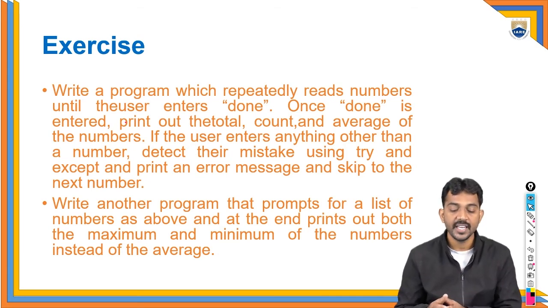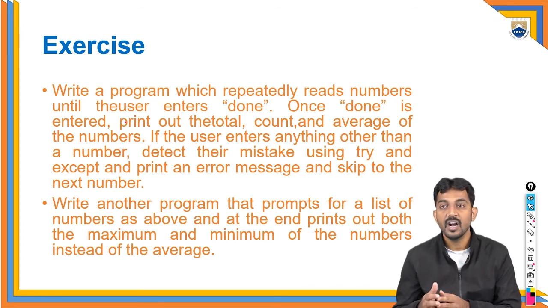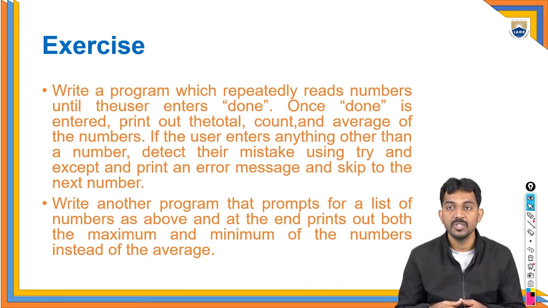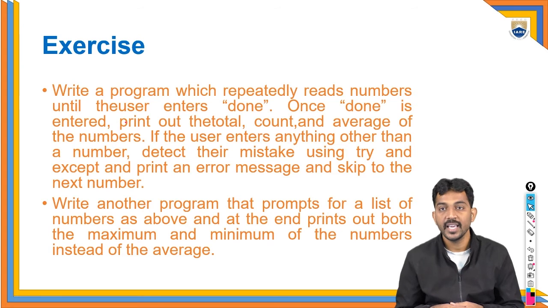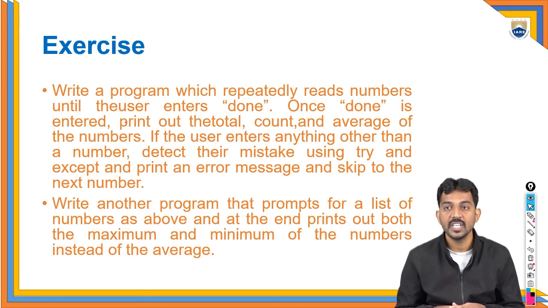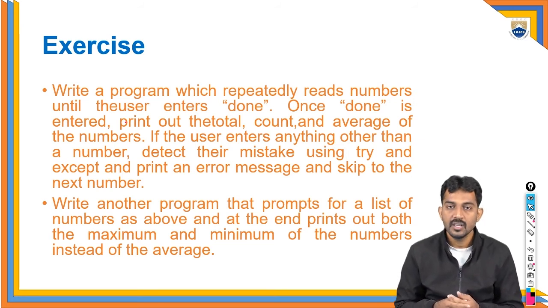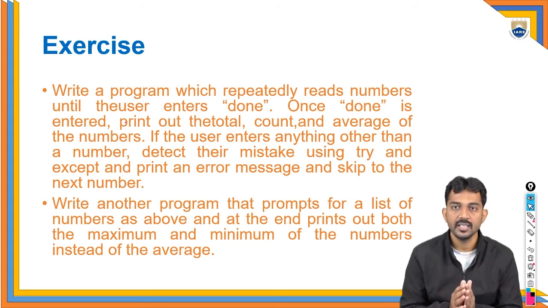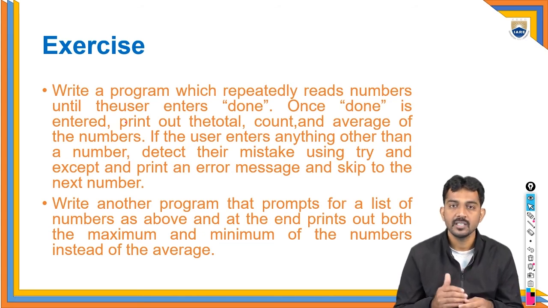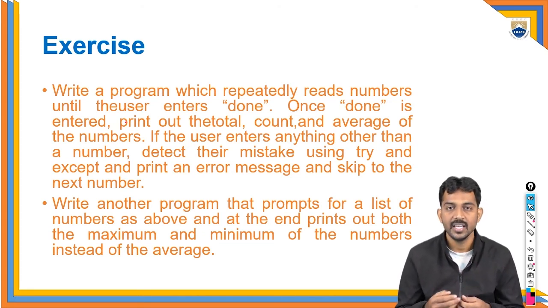If the user enters anything other than a number, detect the mistake using try and except, print an error message and skip to the next number. Is this clear?